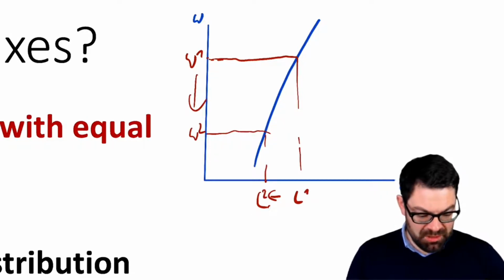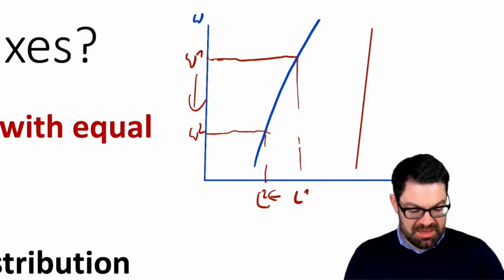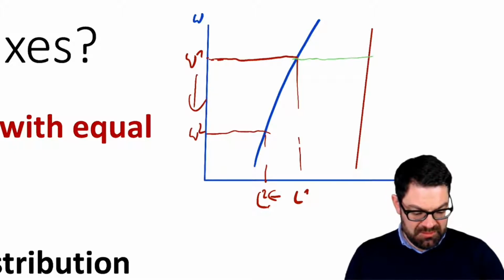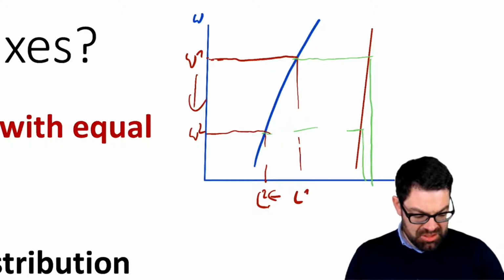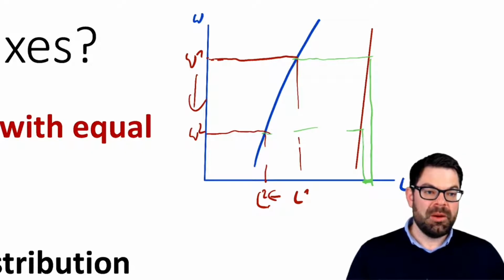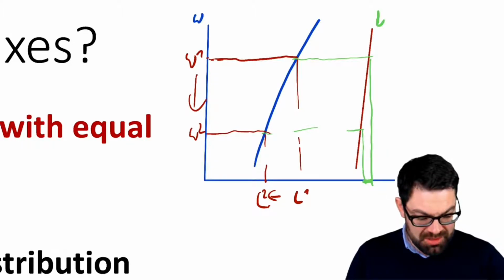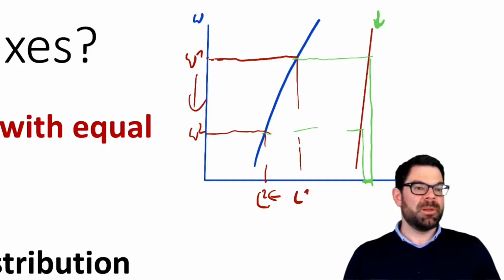Or you could even think of a more extreme example whereby that curve is even steeper. So it's almost vertical. And in that case, if we go from here to here, the change in employment would be very, very small. Yeah? And now you can imagine that in this scenario, the welfare loss is very, very small.